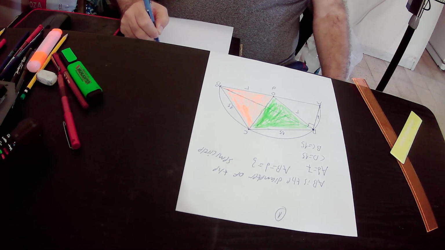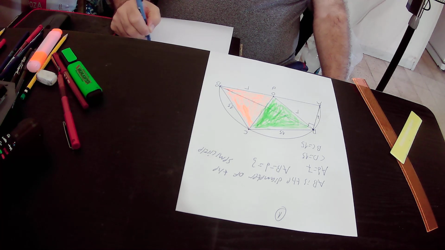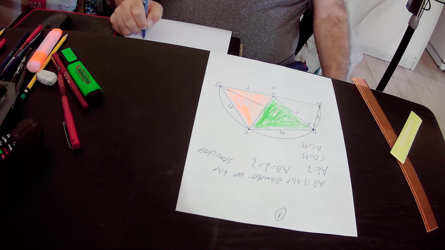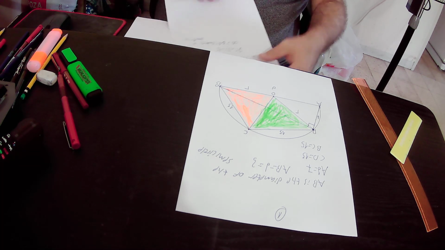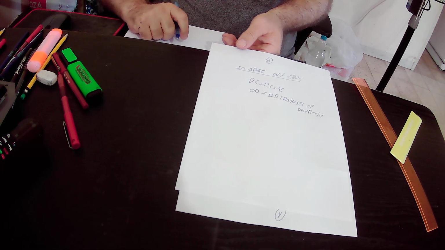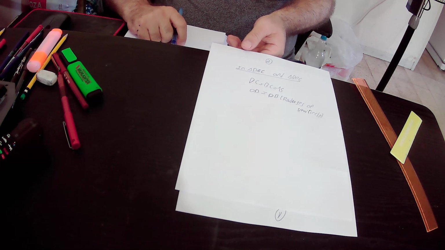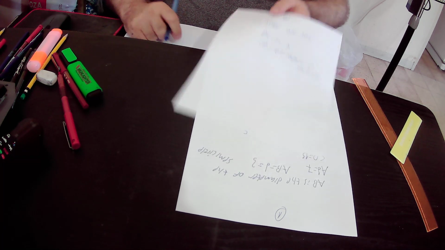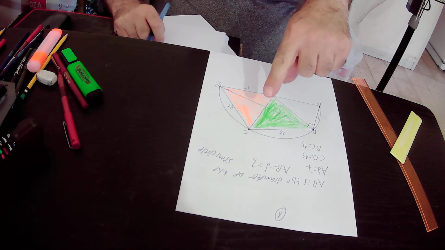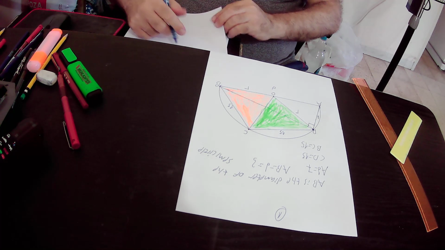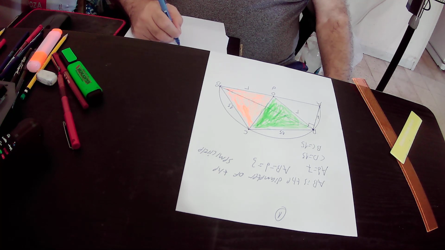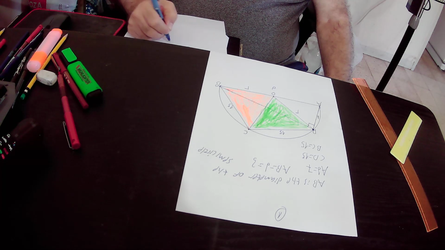Okay, OD equals OB equals R, the radius of the semicircle, and OC equals OC, it is a common side.